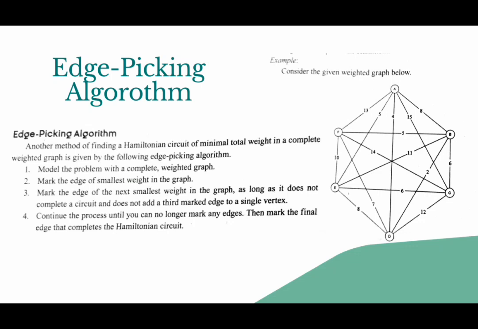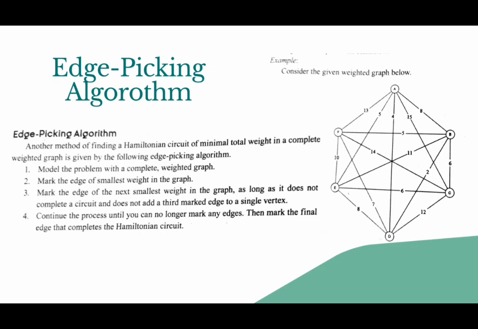Nasundan? At D, the edge with smallest weight is 2, which is DB. It connects D and B. Then B, connect B to F, since the edge with the smallest weight at B is BF. Tama ba? At F na tayo. The edge with smallest weight is 7 na nagko-connect ng F and D. Since D has already been visited, choose the next smallest weight edge, FE.